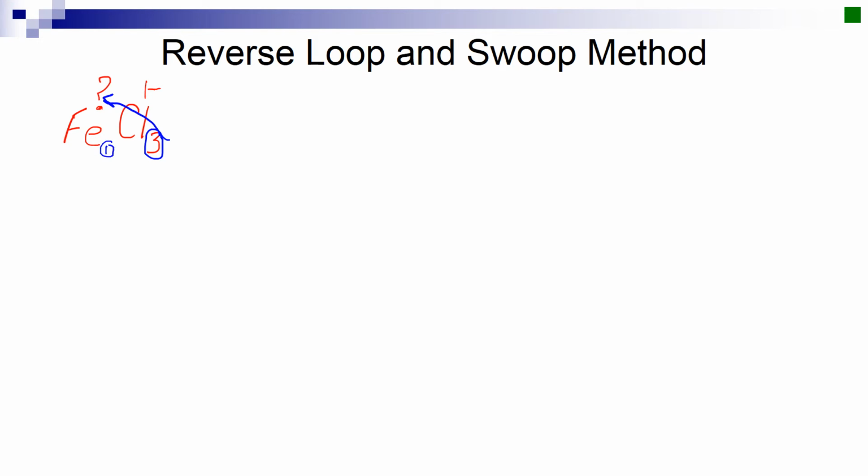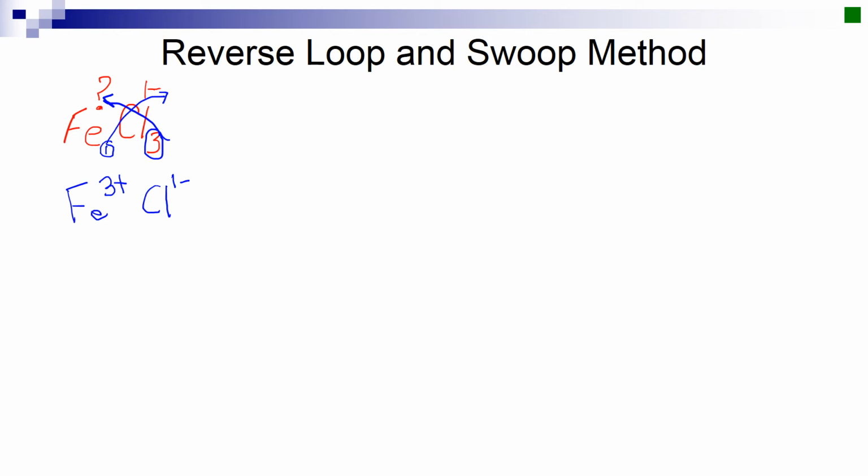We don't have to write it, but we can take that and swoop it up. And when we do so, this will tell us our charges. So now with Fe, we can see with that 3, we know iron's a metal, so it has to be 3 plus. And chlorine here is a nonmetal, tells us 1 minus.